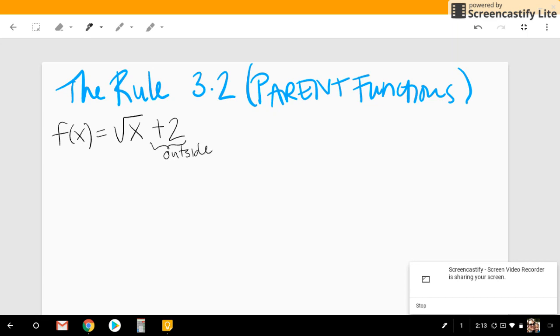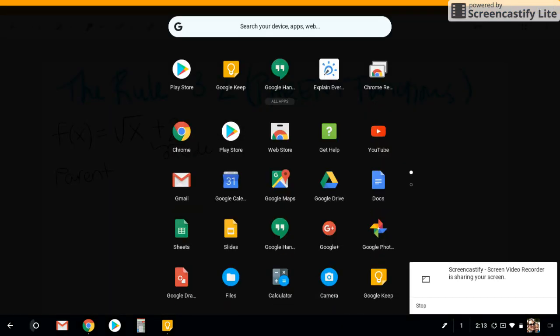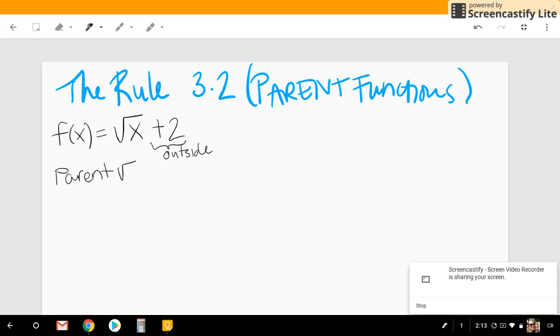You also need to determine the parent. The parent function on this one is the square root of x. So I am going to write down the table for square root of x. If you don't know where it is, you have it in your notes because you copied it down. The table for square root of x goes like this.